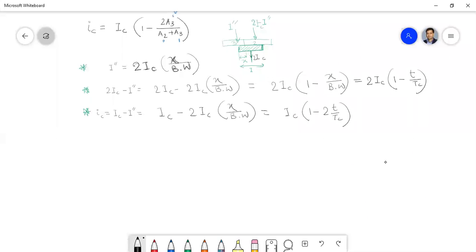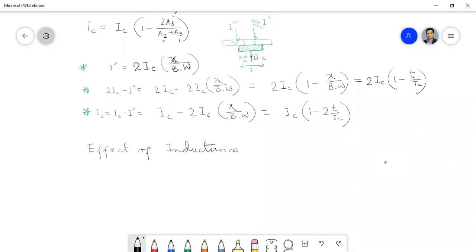Now you will tell me, sir, this is a DC machine, so how does inductance come? Can you tell me how inductance can come in this type of analysis? Sir, during the commutation, the current in the coil changes from plus IC to minus IC.